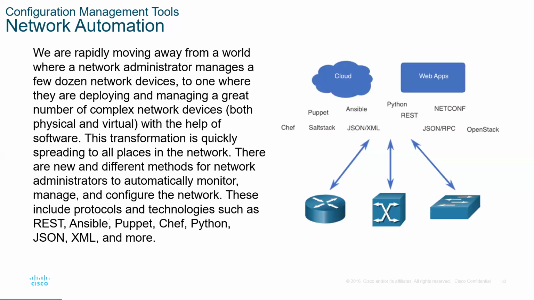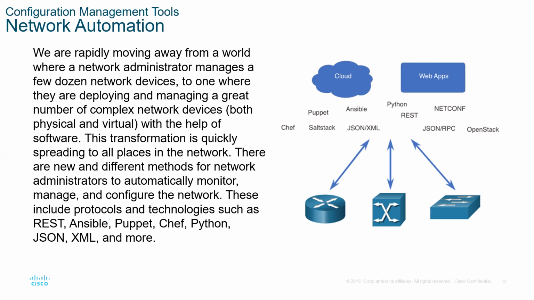The use of software, the use of technology to automate the configuration, not only configuration, but also management of network devices. Right? We are rapidly moving away from a world where administrators manage a few dozen network devices to one where they are deploying and managing a great number of complex network devices with the help of software, basically defining what we call network automation.